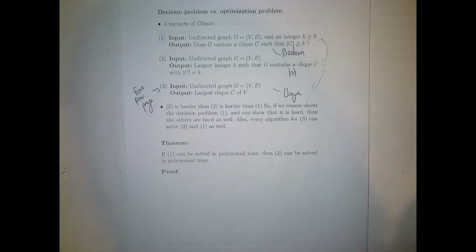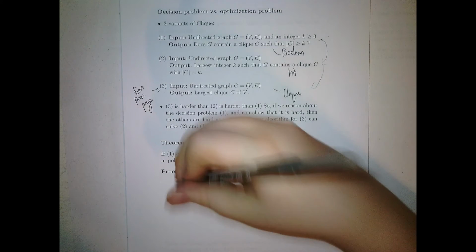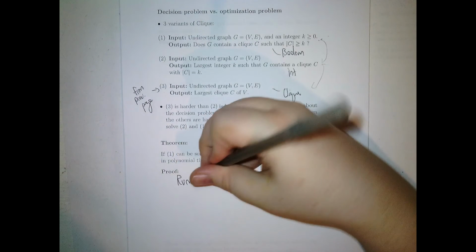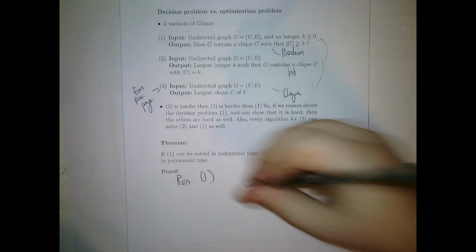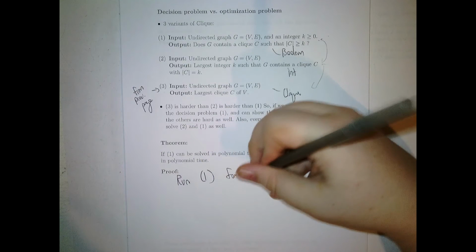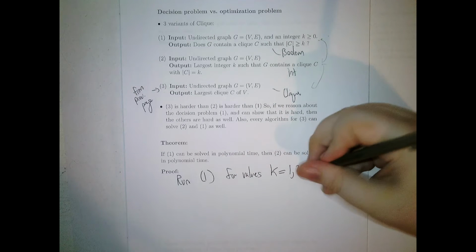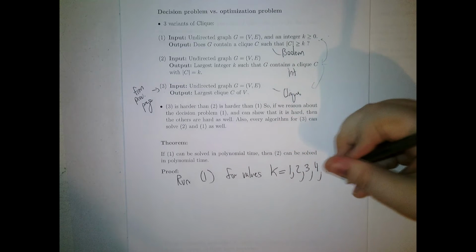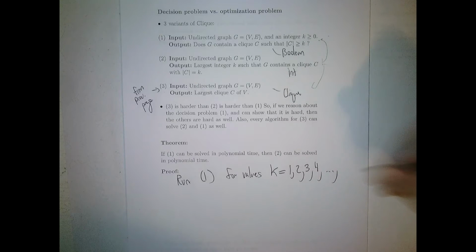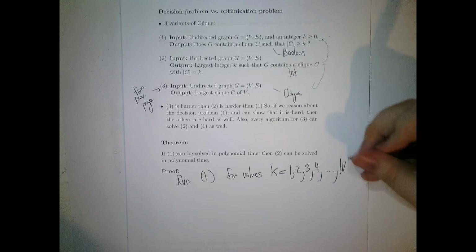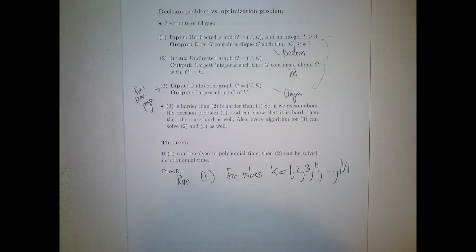I've assumed you've thought about it, so let me give you the answer. We have a solution to 1, meaning we can check whether a clique of a particular size k exists. So we can run algorithm 1 for values k equal to 1, 2, 3, 4, all the way up to the number of vertices.